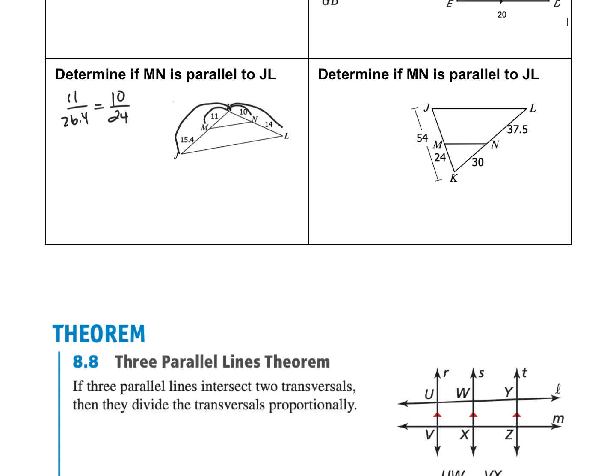I have no idea, so I'm going to have to do a little dividing. 11 divided by 26.4 gives us 0.416 repeating. And then 10 out of 24, same thing, 0.416 repeating. So determining if something is parallel is a yes or no question. So yes, MN is parallel to JL.